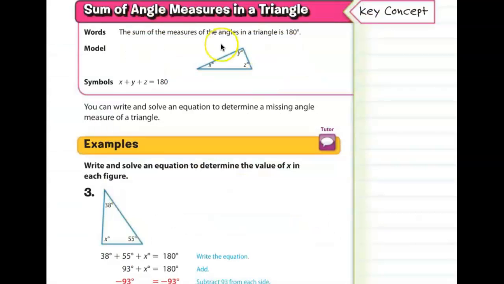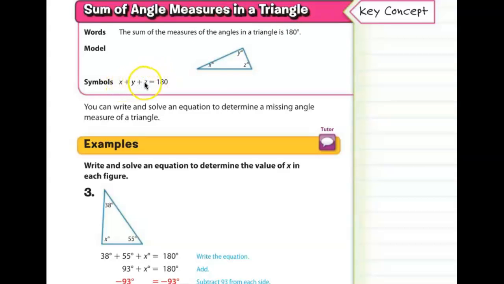Sorry about that. Okay, so now here's where algebra connects to the geometry that we are reviewing. It's important to know the sum of the angle measures of a triangle is very, very specific. You have to memorize this, that if you add every single angle on any triangle ever in the history of the world, all of the angles will add up to 180 degrees.